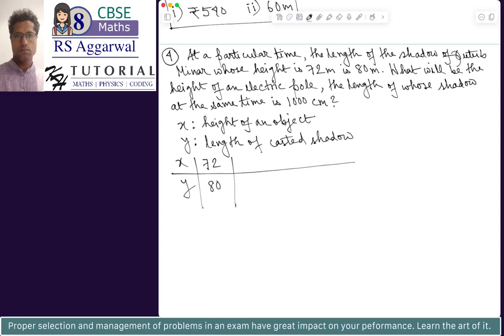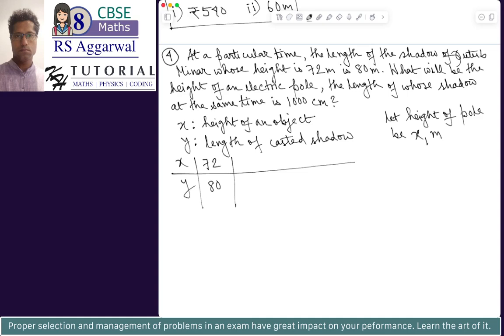Now the question is, what will be the height of an electric pole, the length of whose shadow at the same time is 1000 centimeter. So we assume the height of the pole be x. Since we are representing x as the height of the object, we will name the unknown, the height of the pole, to be x1 meter.